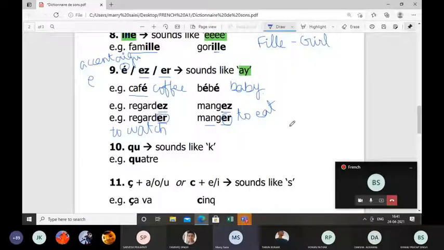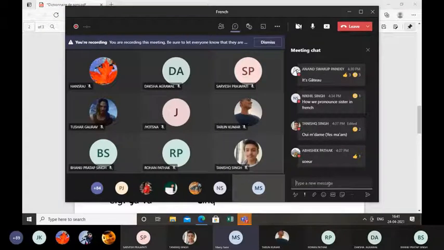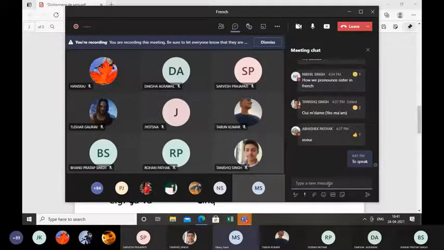Like in English, if I say to speak, this is the full verb. I have not used this verb in any tense and with any subject. मैंने इस verb को कहीं use नहीं किया, ये full verb है.